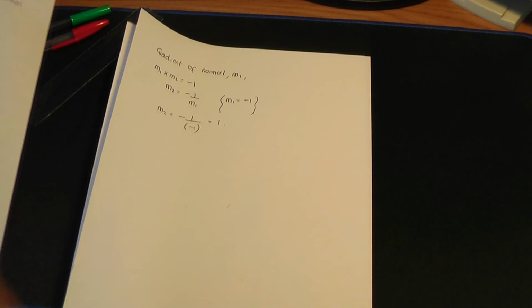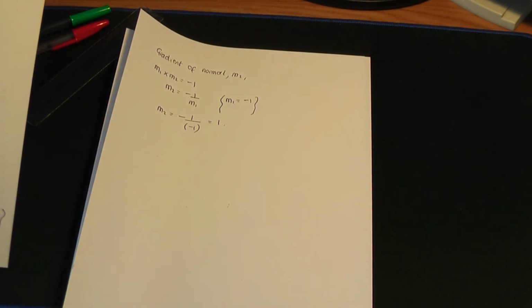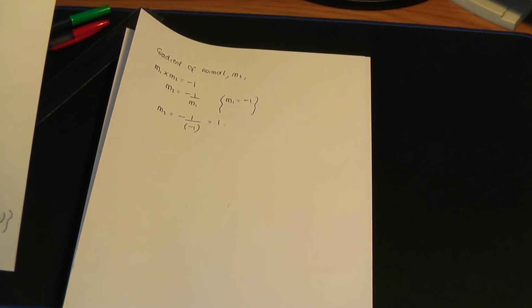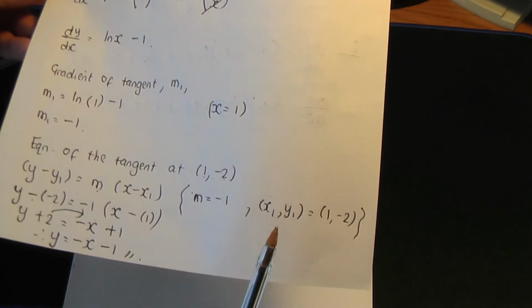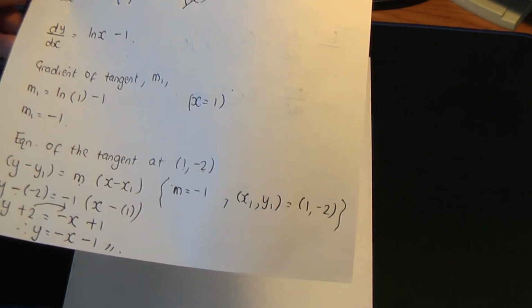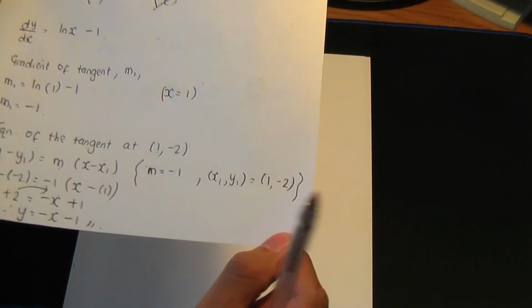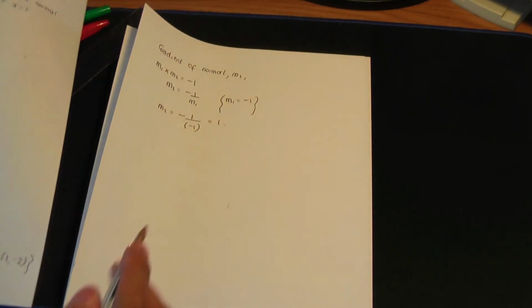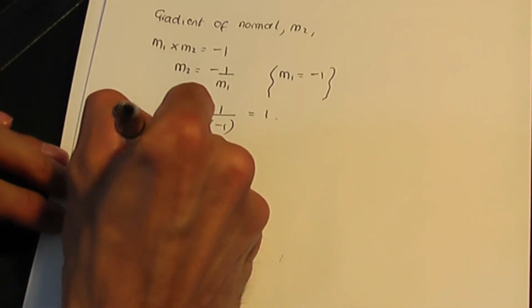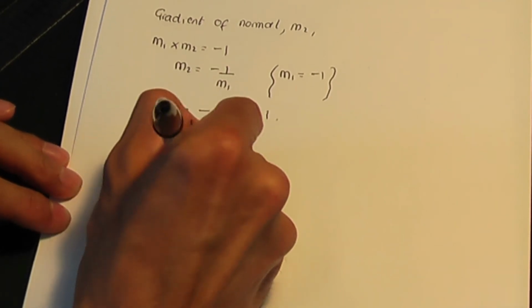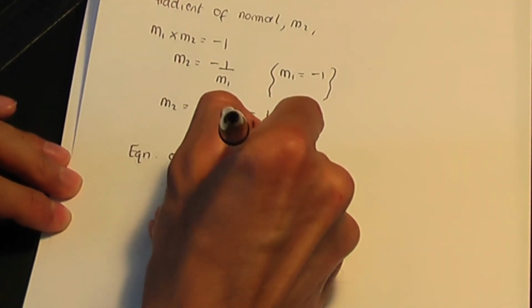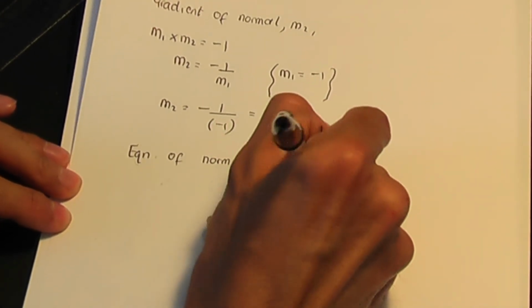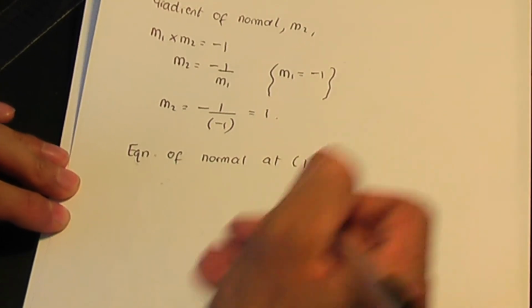Now we have the gradient of the normal, and remember the theory about tangents and normals. The tangent and the normal pass through the same point. Same point implies x1 and y1. So they both pass through the point 1, minus 2. Bearing that in mind, let's work out the equation of the normal at the point 1, minus 2.